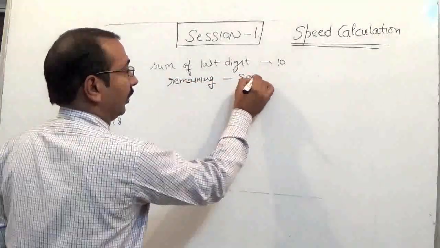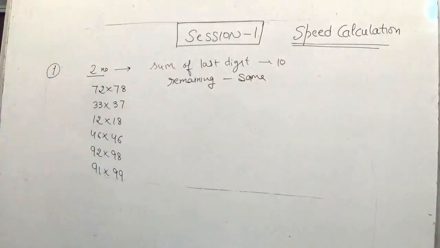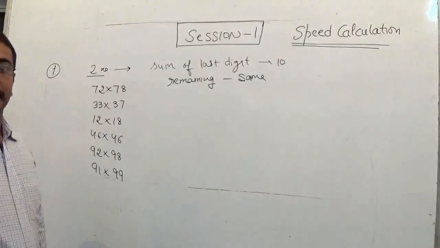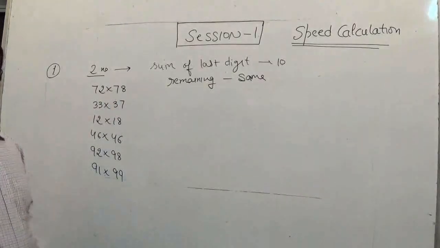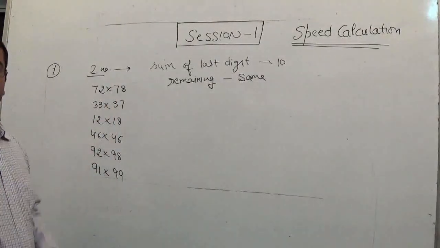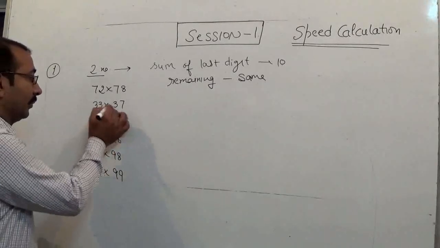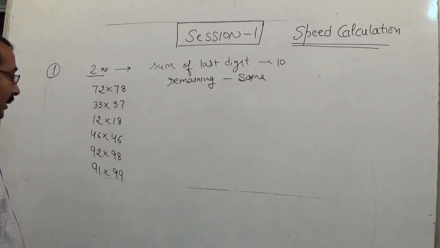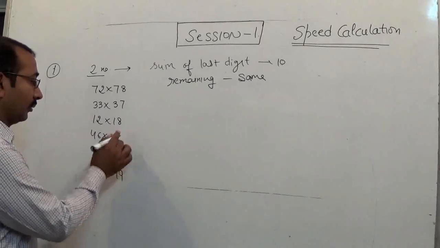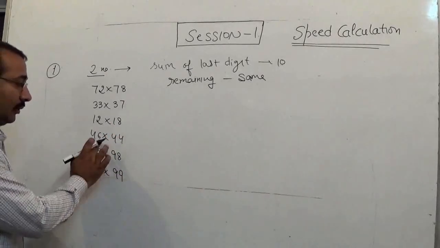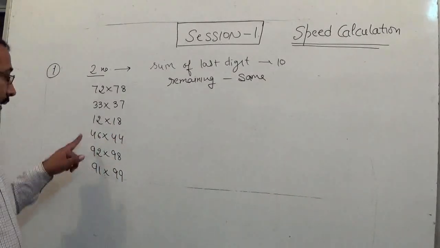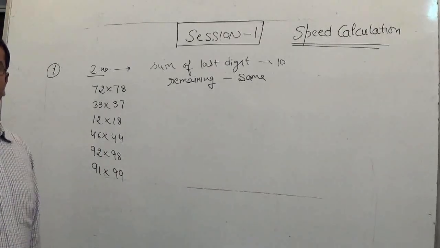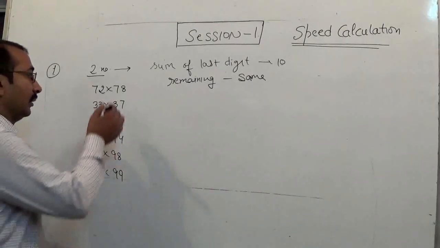For example, when we have a look over all these questions, we can just say that the sum of 2 plus 8 is 10 and the rest of the number is the same. 33 into 37, so we can say 3 plus 7 is 10 and the rest of the number is the same. 46 into 44, we can say that the sum of the last two numbers is 10 and the remaining portion is the same. So for answering the questions of this type, our rule is very simple.